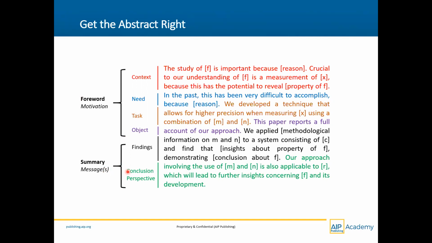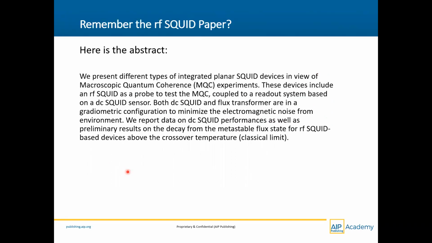So remember the RF SQUID paper we just worked hard to fix the title of? Here was the old abstract of this paper. We present different types of integrated planar SQUID devices in view of macroscopic quantum coherence MQC experiments. These devices include an RF SQUID probe to test the MQC coupled to a readout system based on DC SQUID sensor.